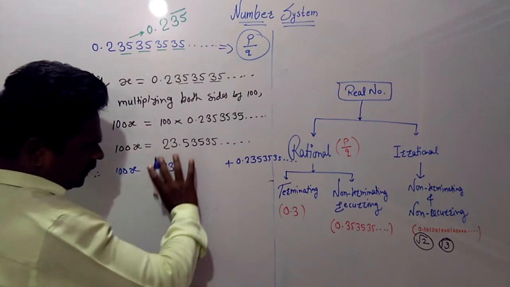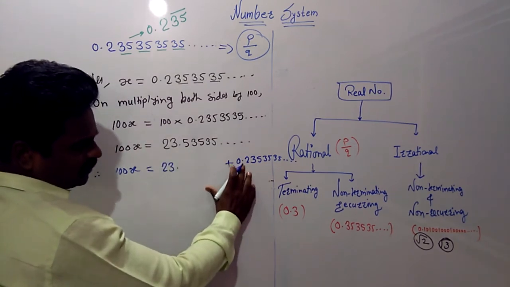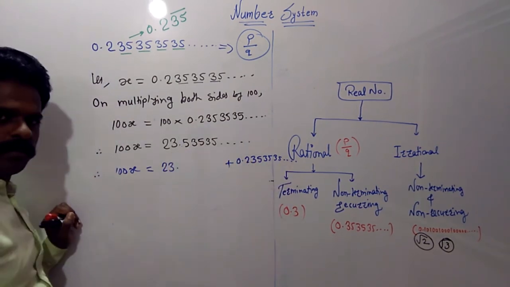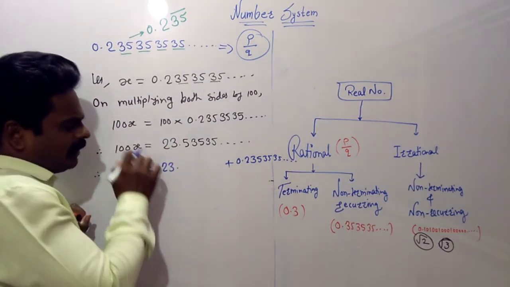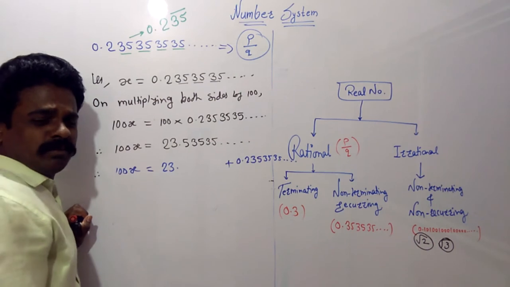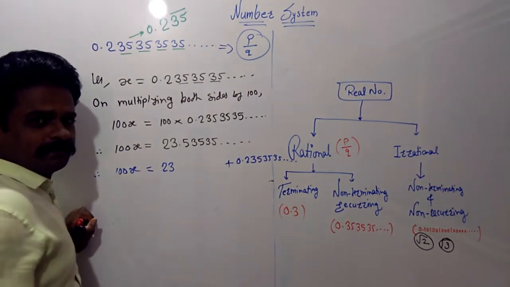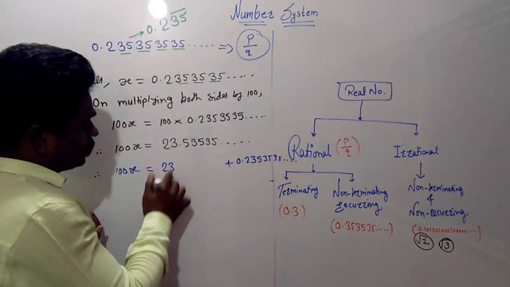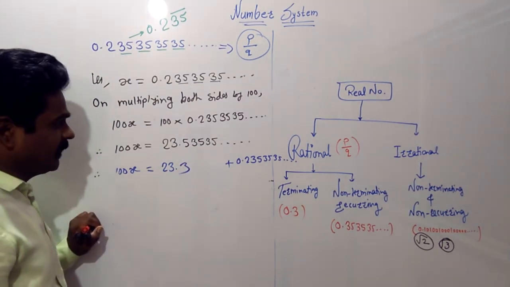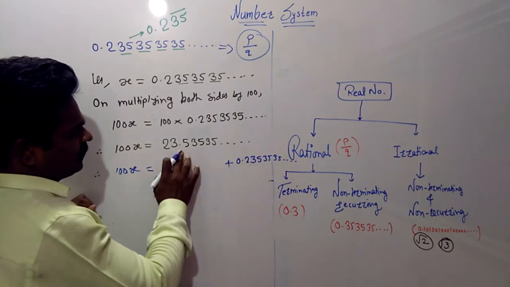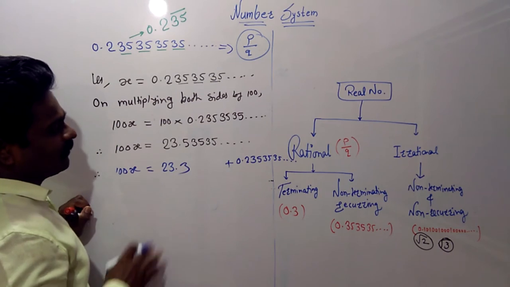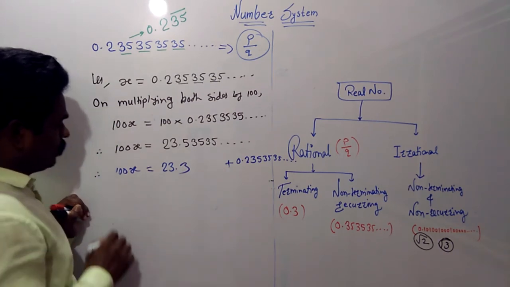Now if we remove this part, that means 0.2353535 from this number, then how much will be left in the first part? So that is only 23.3 that will be there, because if you add this to this one, then you will get 23.5353535 and so on, no problem.